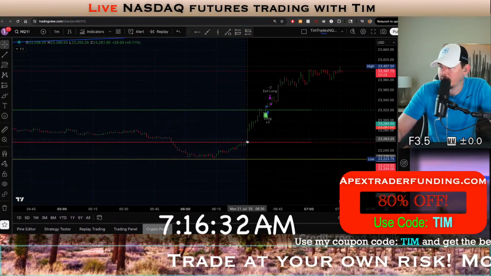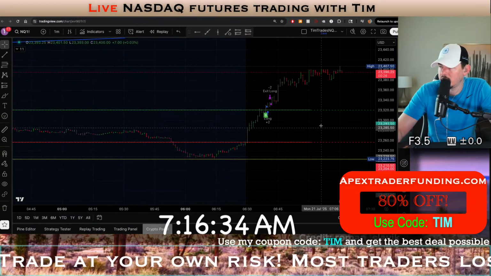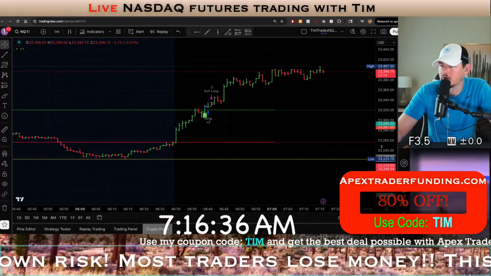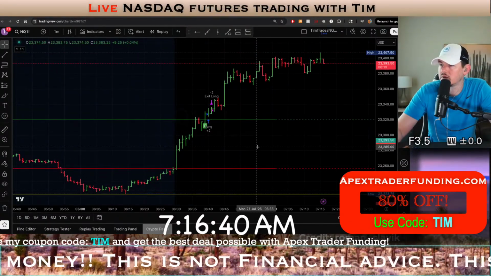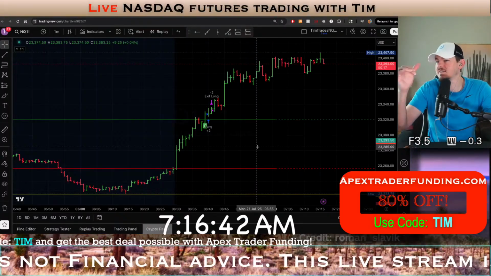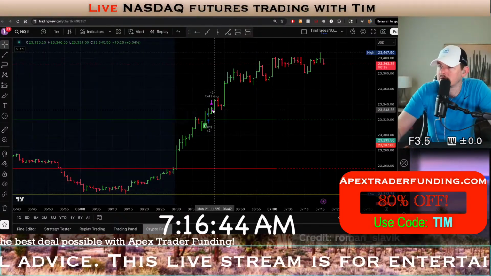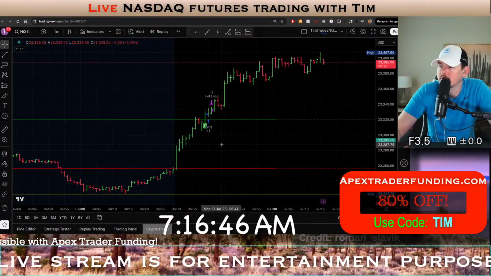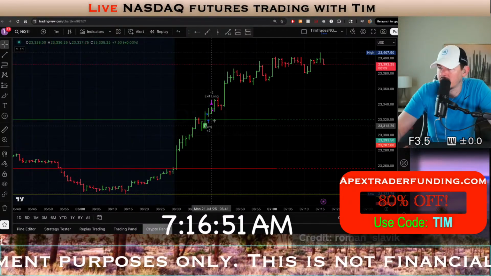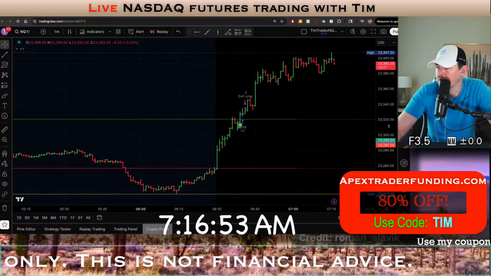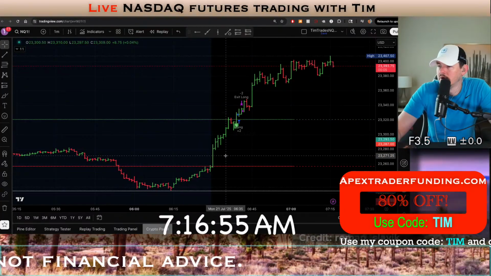Look at that right there. That opening bar, we made $20,000. Oh, this indicator is saying this is part of that indicator. Boom!